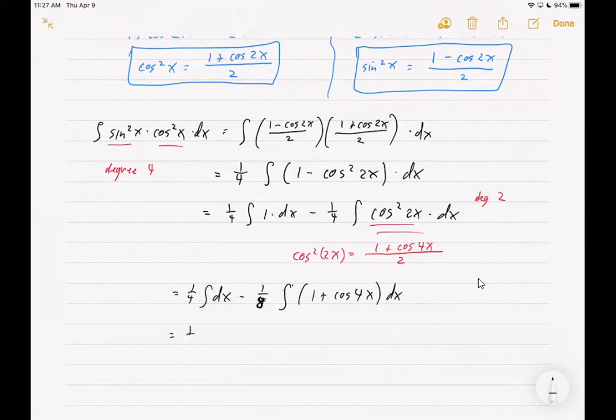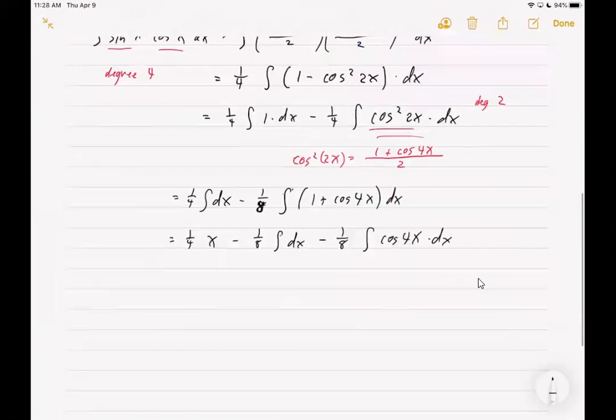Let's break that into a couple of integrals. Let's just go ahead and call this 1/4 of the integral of dx minus 1/8 the integral of dx minus 1/8 the integral of cosine of 4x dx.